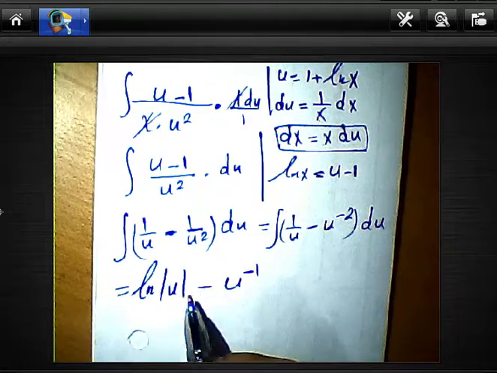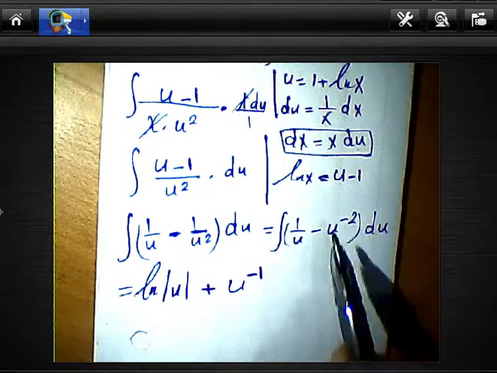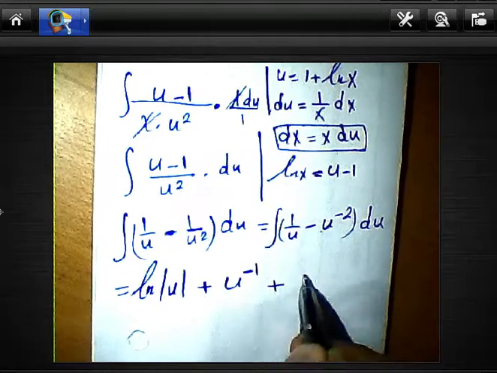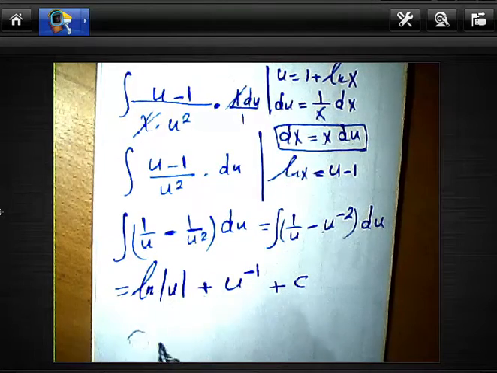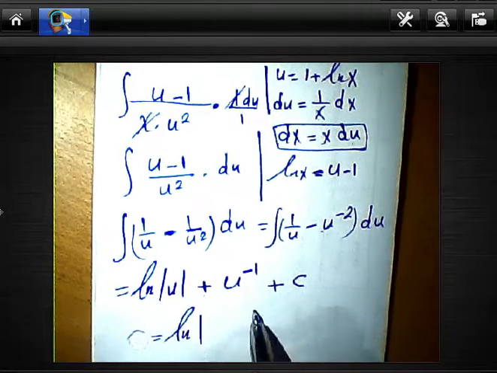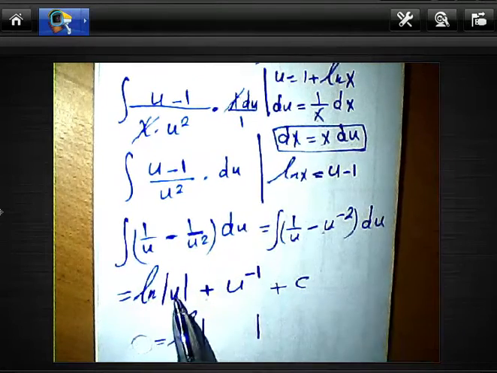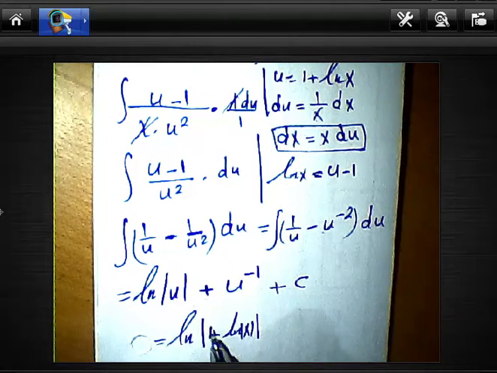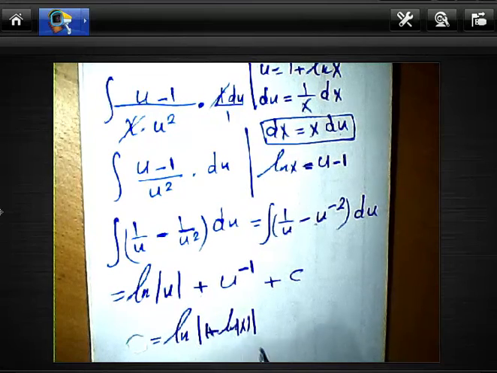And multiply negative by negative equal positive. Again, we add 1 to this power, the result will be negative 1, and divided by negative 1, negative divided by negative equal positive, plus constant. So you can write the result: ln absolute value of u, we can write u here as 1 plus ln of x, plus u^(-1), it will be 1 over u.